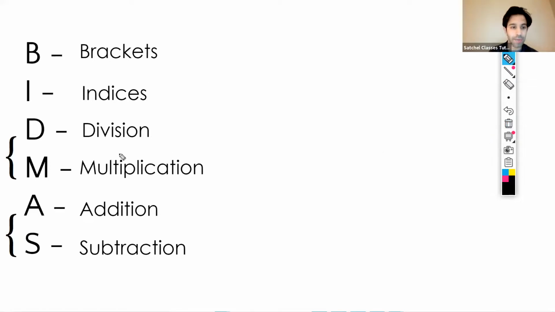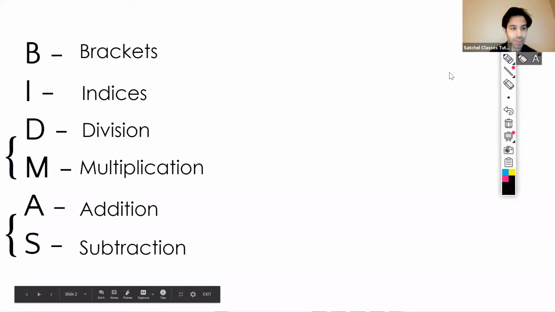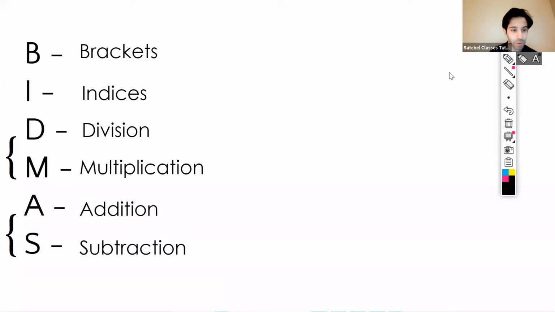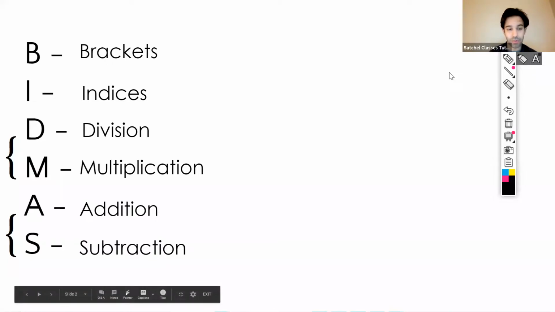Now, notice here we have the curly brackets on addition and subtraction, and the reason why is because division and multiplication, as well as addition and subtraction, have equal priority. So whilst we write BIDMAS and say this is the order to follow, actually division and multiplication have equal priority, and then once we get to addition and subtraction, they too have equal priority.